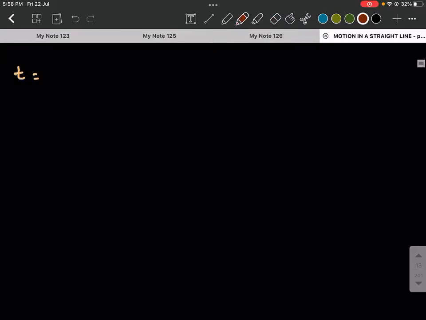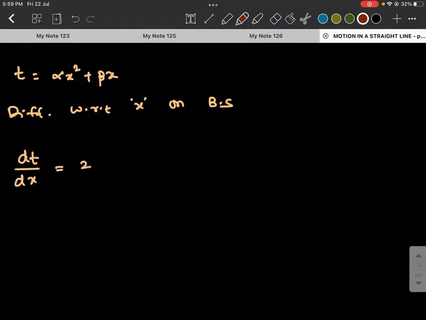T is equal to alpha x square plus beta x, right? So now what we'll do is differentiate with respect to x on both sides. When you do that, you will get dt by dx is equal to 2 alpha x plus beta.